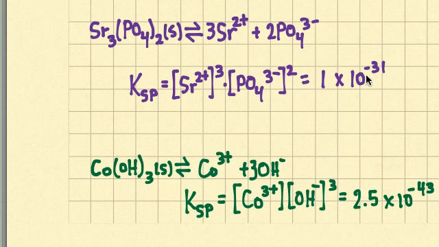The answer would be 10 to the positive 31, which is the reciprocal of this. Or an even smaller Ksp for cobalt hydroxide. Very, very little of it gets into the water. Or if I turn the equation around, what's the formation constant for copper hydroxide from copper and hydroxide? Whatever the reciprocal of that is, like 10 to the positive 43-ish.